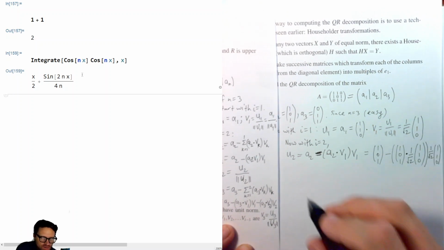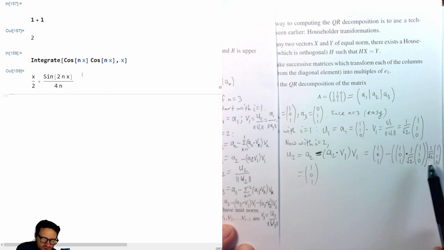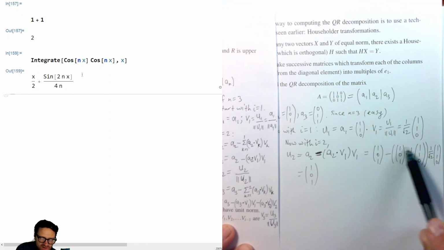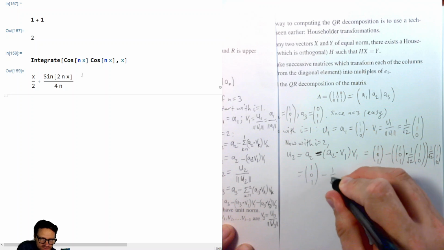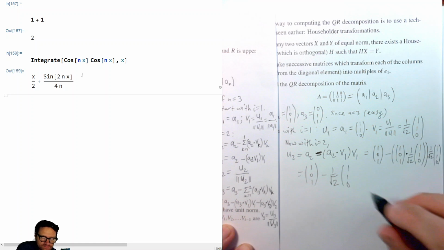This vector is 1, 0, 1. Now this dot product is 1 times 1 is 1, 0 times 1 is 0, 1 times 0 is 0, so we have 1 times 1 on root 2, that's 1 on root 2, times 1, 1, 0.